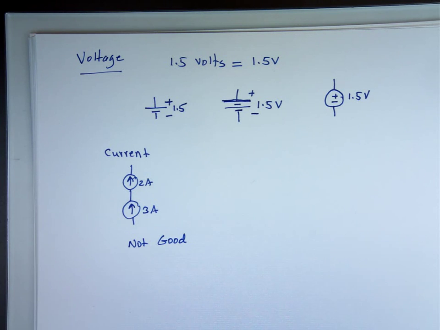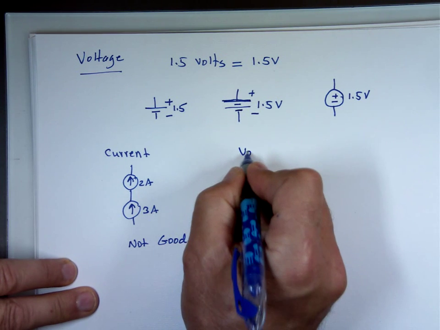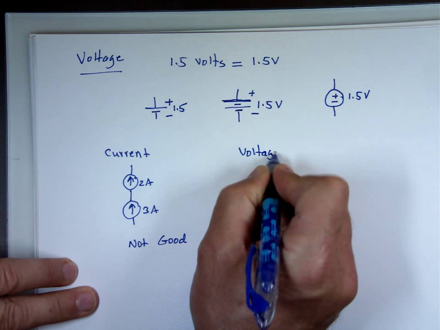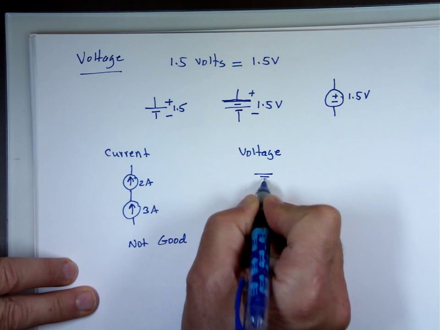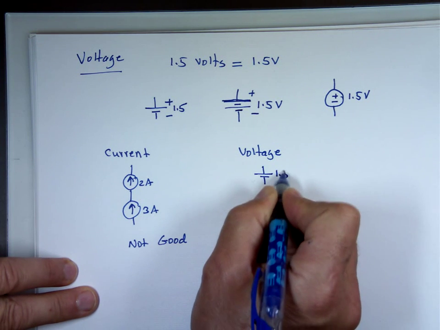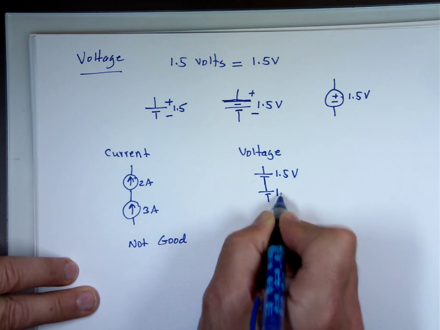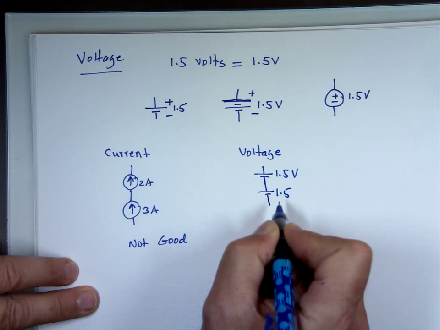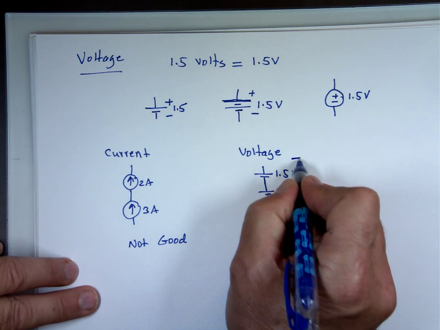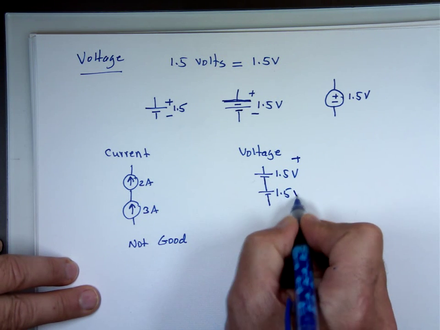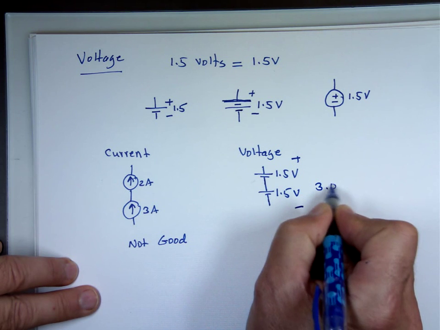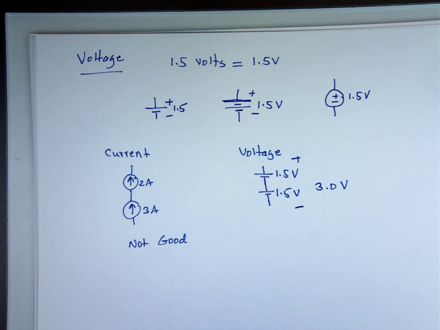With voltage, if you take 1.5 volts and attach to it another 1.5 volts on top of it, guess what the difference between the top and the bottom is now? It's going to be 3.0 volts. So this is good.